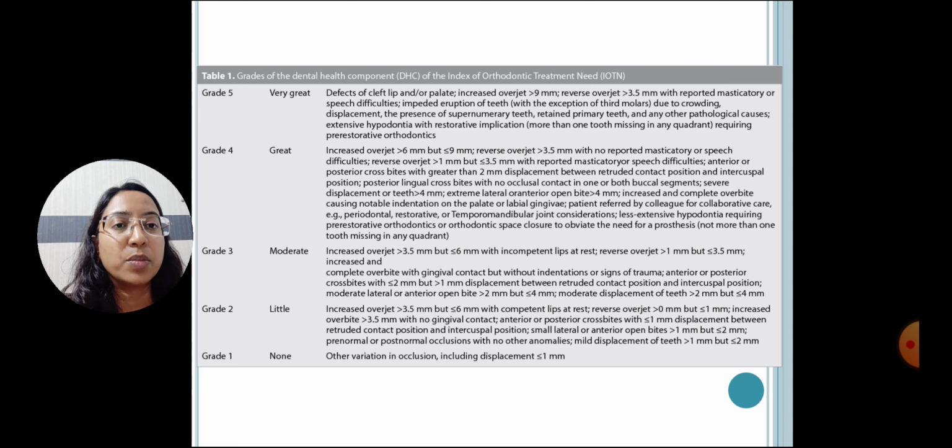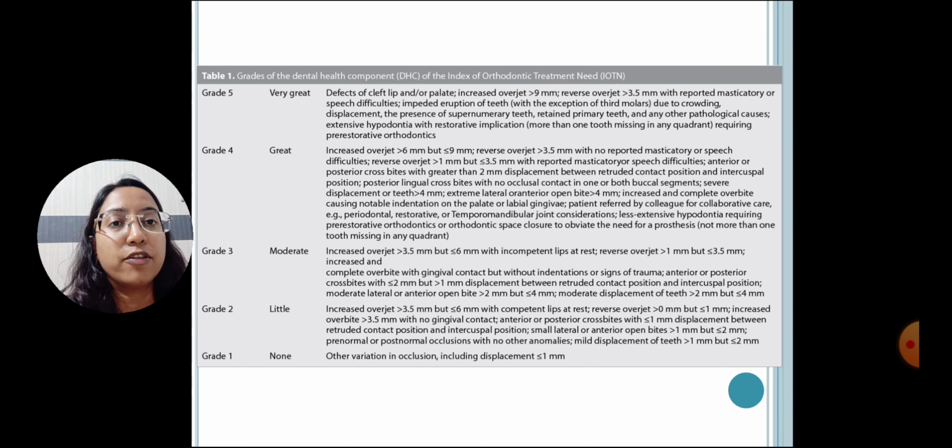Increased and complete overbite with gingival contact but without indentations or signs of trauma. Anterior or posterior crossbite with less than or equal to 2 mm but greater than 1 mm displacement between retruded contact position and intercuspal position. Moderate lateral or anterior open bite greater than 2 mm but less than or equal to 4 mm. And moderate displacement of teeth with greater than 2 mm but less than or equal to 4 mm.